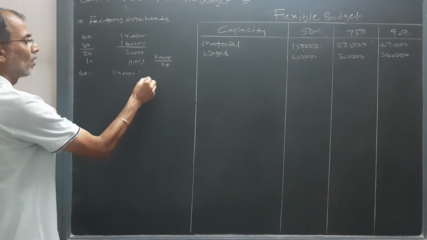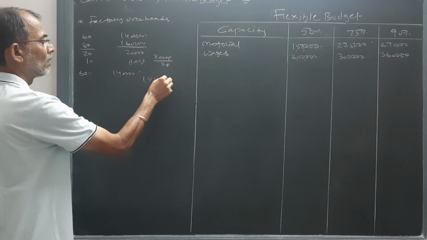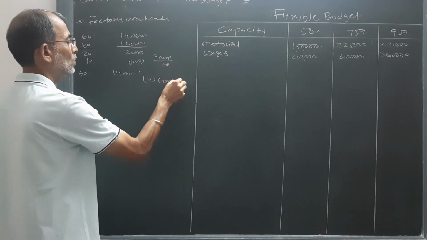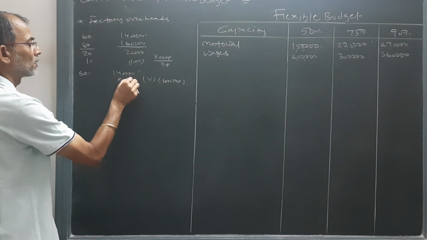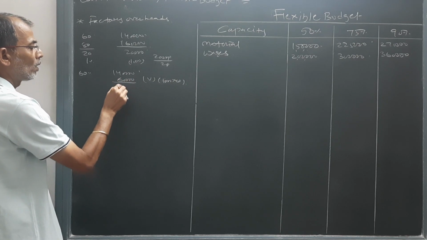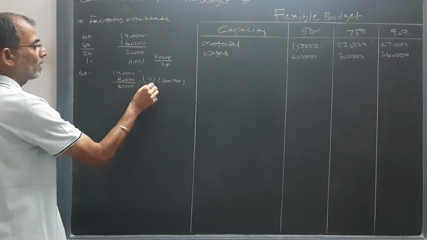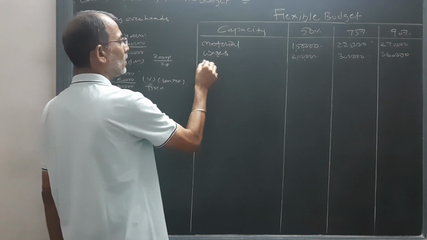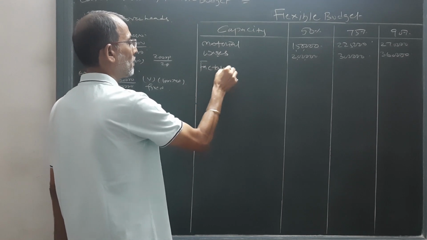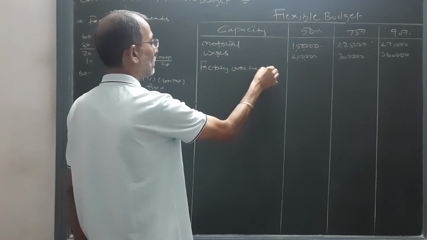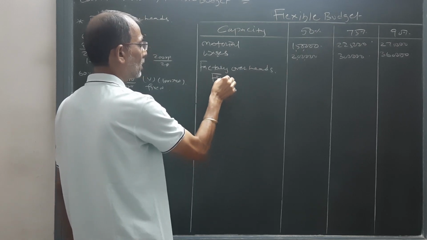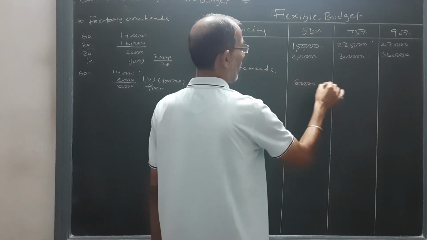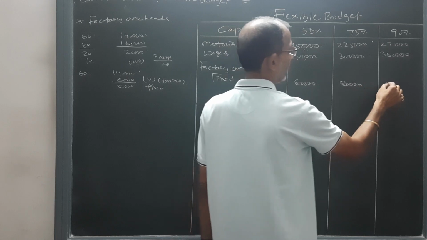That means variable will be 1,000 into 60, so 80 will be the fixed expenses. So factory overheads fixed at every capacity will be 80,000.